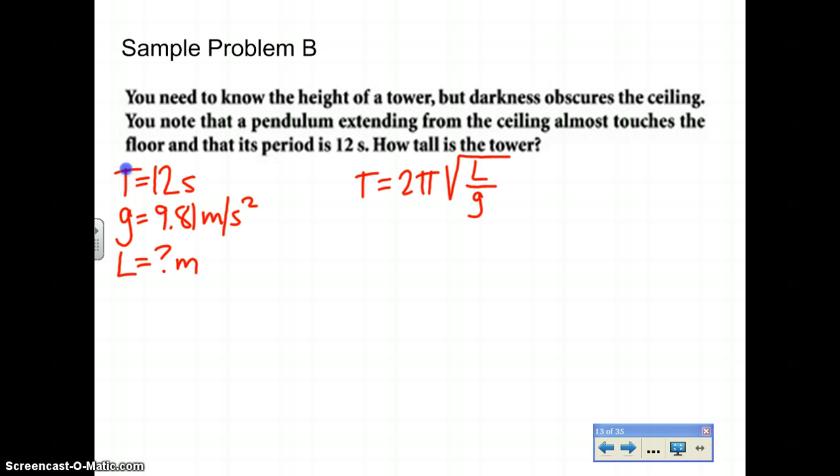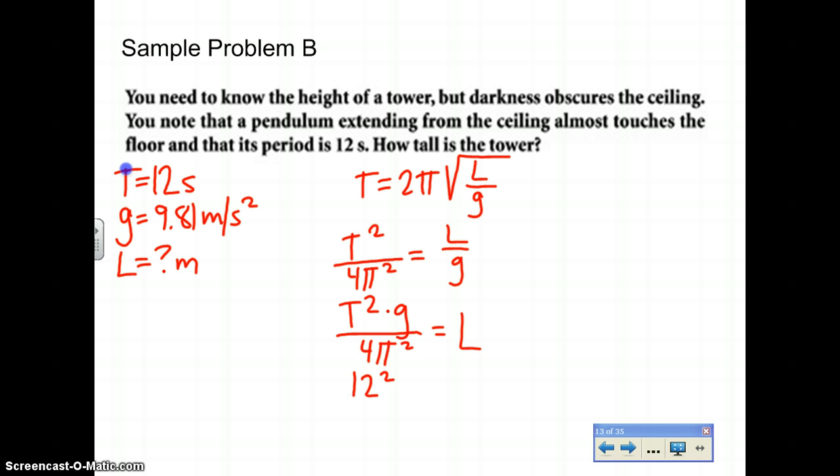You're trying to figure out what L is, so you want to square both sides. So T squared divided by 4 pi squared, 2 squared is 4, pi squared is pi squared, equals L over G. So what this really gives you is T squared times G divided by 4 pi squared equals L. Let's plug in, guys.